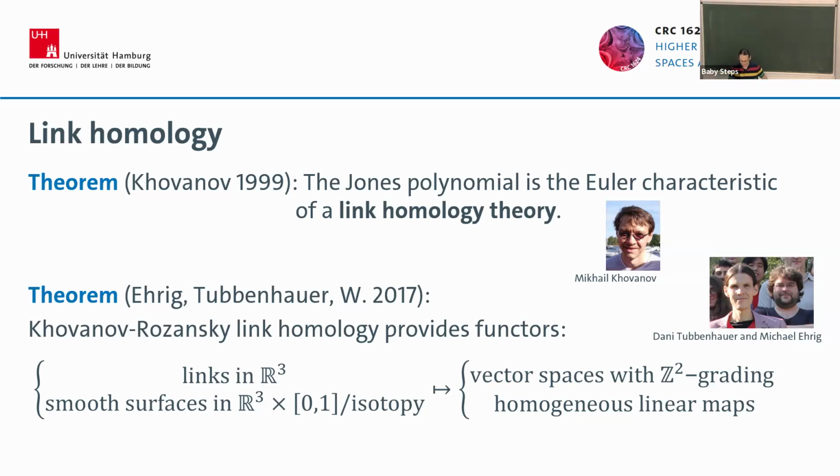Okay, thank you. Yes. So my question is much simpler, if I may, just a sanity check. When you say homogeneous linear maps, you mean preserving the Z2 grading, right? That's not quite true, because a link cobordism will lead to a map which changes one of the gradings by an amount that corresponds to the Euler characteristic of the link cobordism.